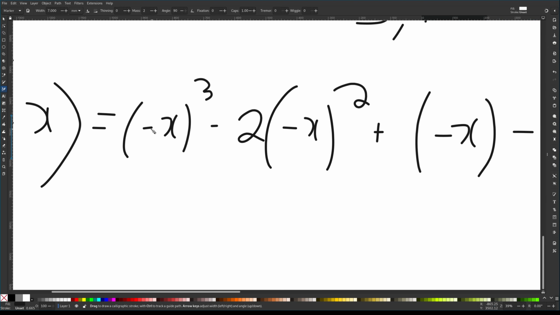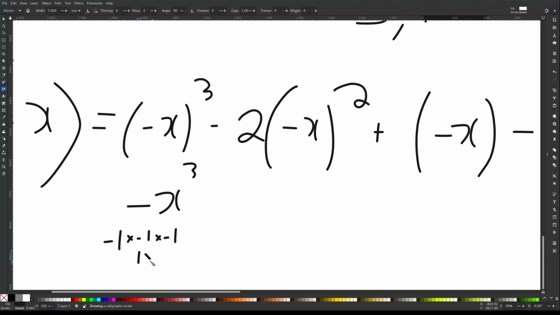Now I'm validating this. The question of whether to keep the negative is determined by the exponent. If it's odd, we keep it. If it's even, we remove it and make it positive. So negative x cubed. Alternatively, you could just multiply it out: negative 1 times negative 1 times negative 1.